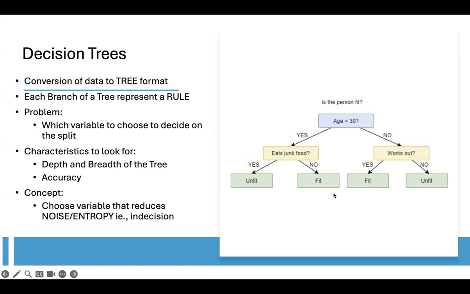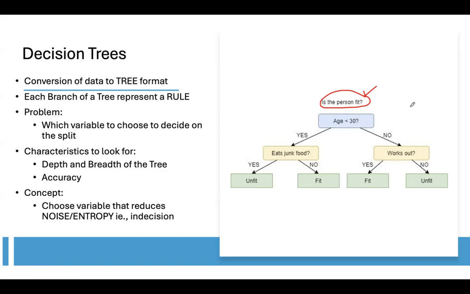On the right hand side of the slides, you see a decision tree representation. What is this decision tree about? This decision tree is primarily about finding whether a person is fit or not. You can see decision trees as a sequence of questions that you ask in order to decide your output.